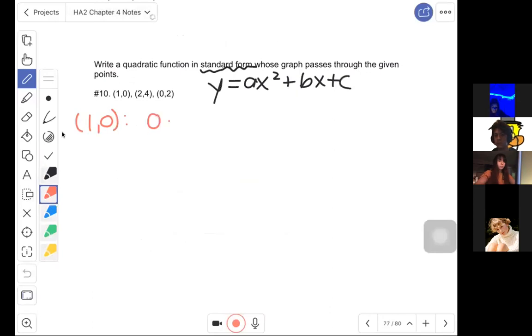So our y is 0. A1 squared plus b times 1 plus c. So we end up getting a plus b plus c for that first point.